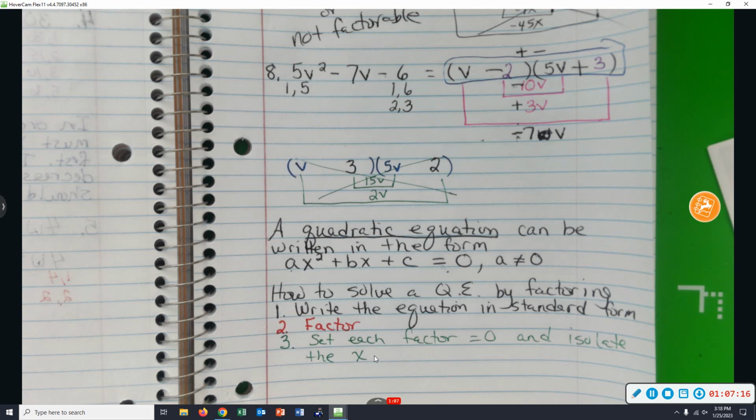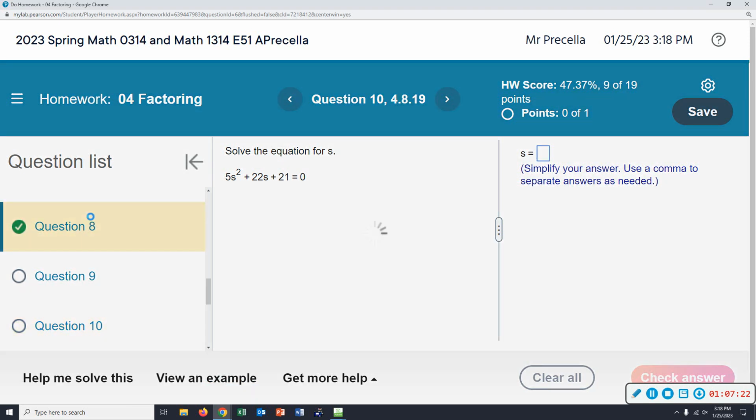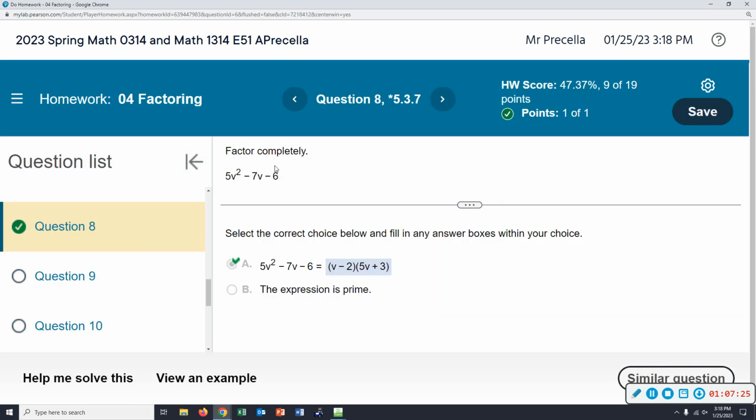But let's look at how the instructions vary. On problem number 10, it says solve. No, number 8, it just says factor completely. And when you have your answer then is 2 sets of parentheses. If it says factor, okay?